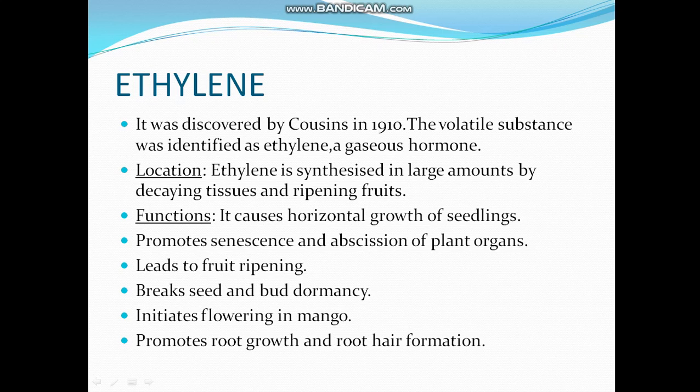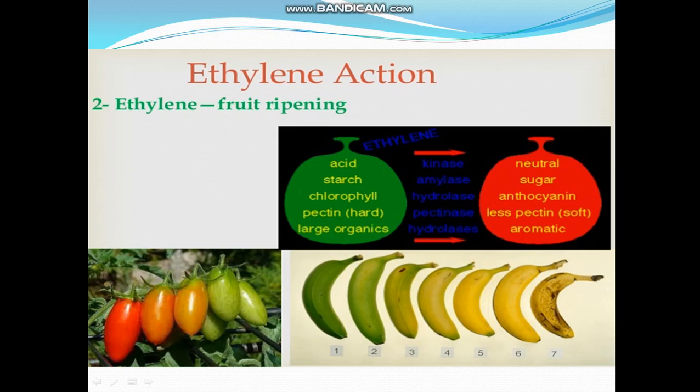Some of the functions are, it causes horizontal growth of seedlings, promotes senescence and abscission of plant organs, leads to fruit ripening, breaks seed and bud dormancy, initiates flowering in mangoes, promotes root growth and root hair formation. You can see the diagram here of fruit ripening, where ethylene is used as a gaseous hormone for the ripening of the fruits. Here the anthocyanin increases, pectin is less, aromatic compounds, and the ethylene which is used.